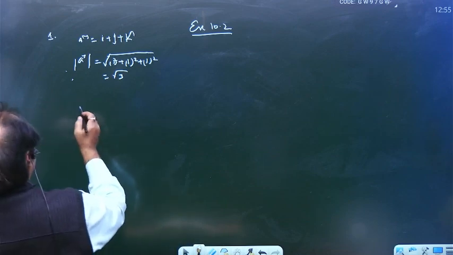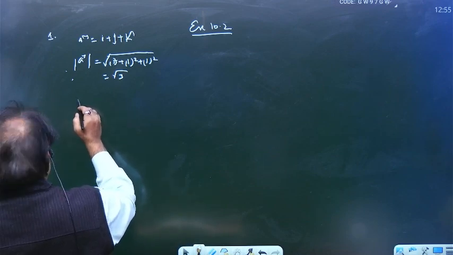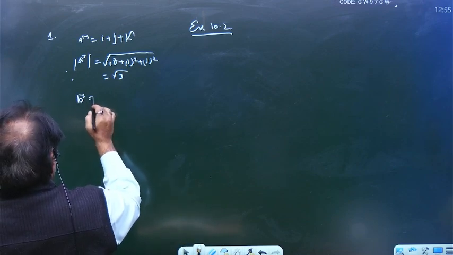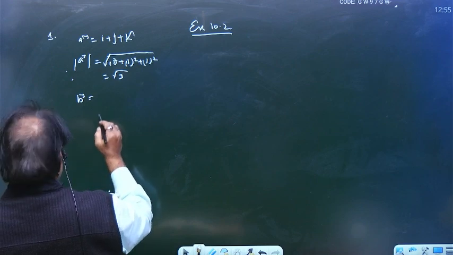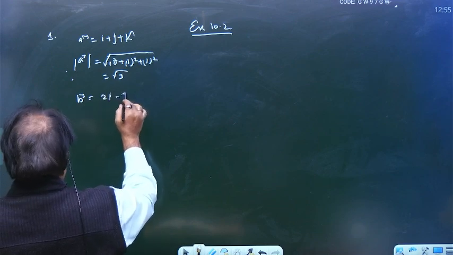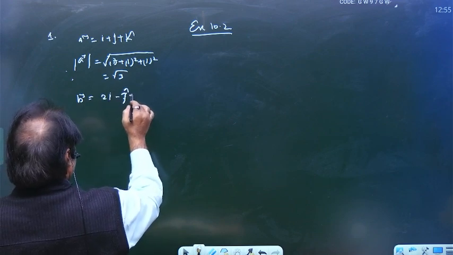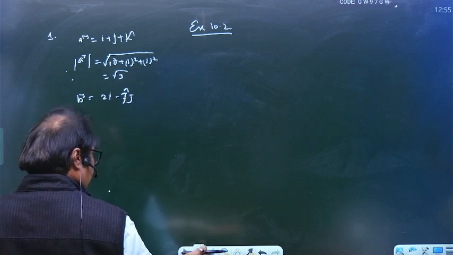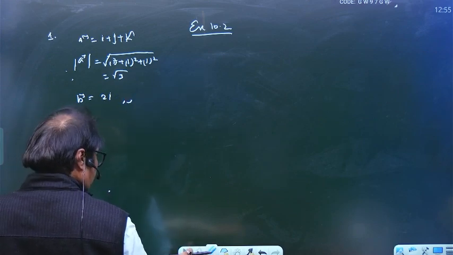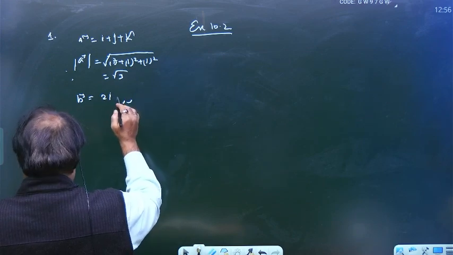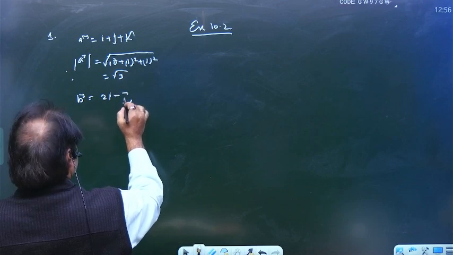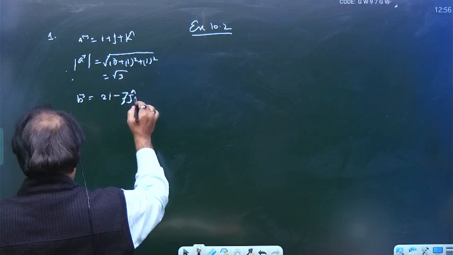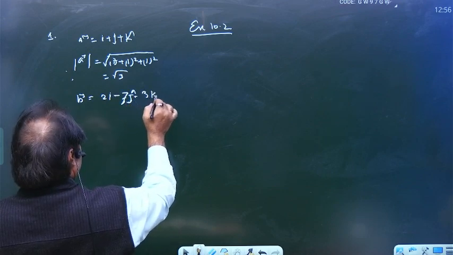Then the second part is given: vector B is equal to 2i cap minus 7j cap minus 3k cap.